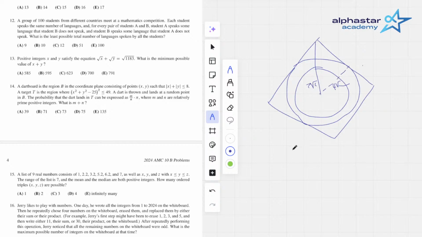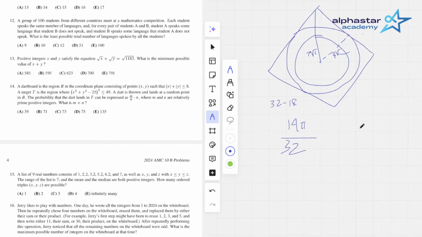So the area in between there is 14 pi, 32 minus 18. And that's divided by the area of the entire... No, that's not 32. 64. No, 128, giving 7 over 64 pi, giving the answer 73.